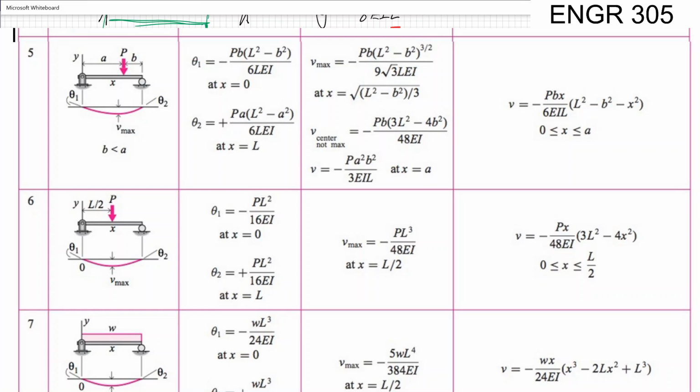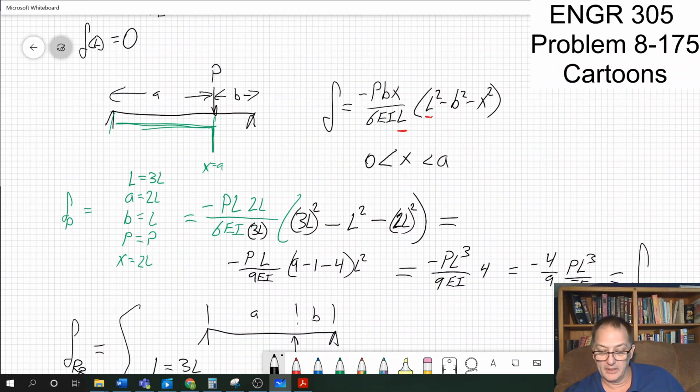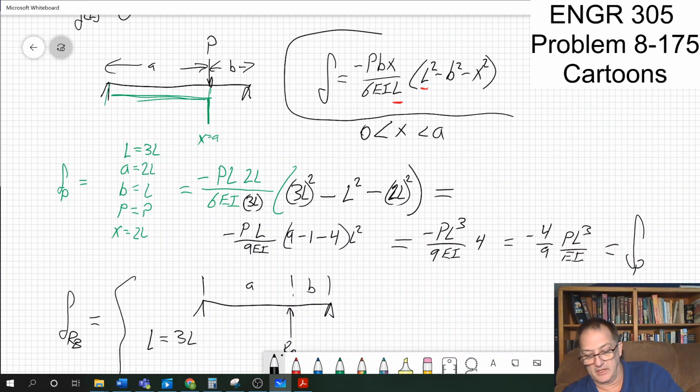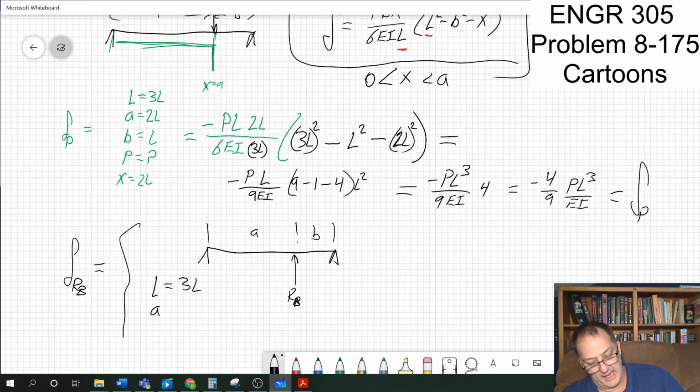And so now we got to think through that. All right. So get that off the screen. So now my length is equal to 3L. I'm still gonna run with, did I write the, I got to go back up here to that equation. It's the equation's right there. But the length is equal to 3L. A is still 2L.